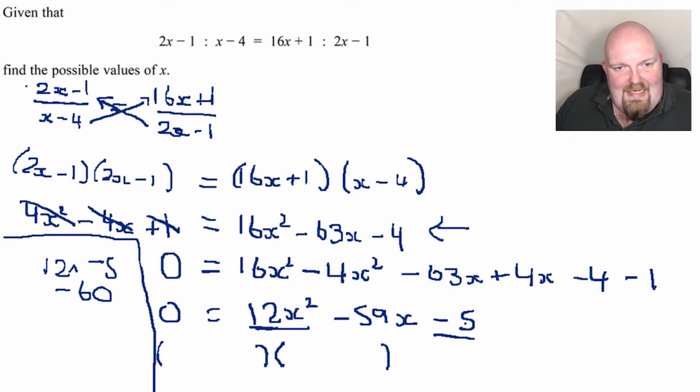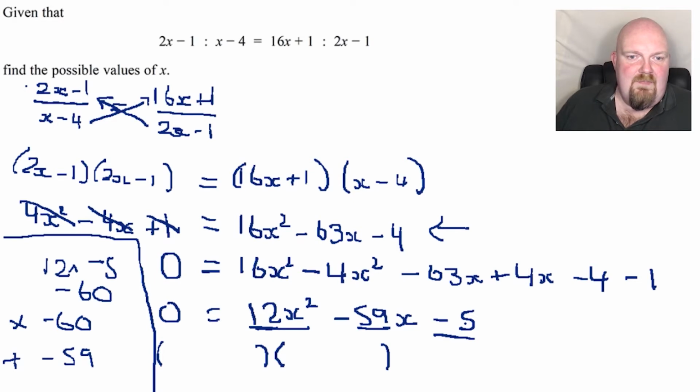I'm finding two numbers that multiply to make negative 60 and add to make negative 59, which is the value, of course, that I've got here. Okay? As it happens, that's a nice and straightforward one. So my factors are going to be negative 60 and positive 1. Okay? So here are my factors.